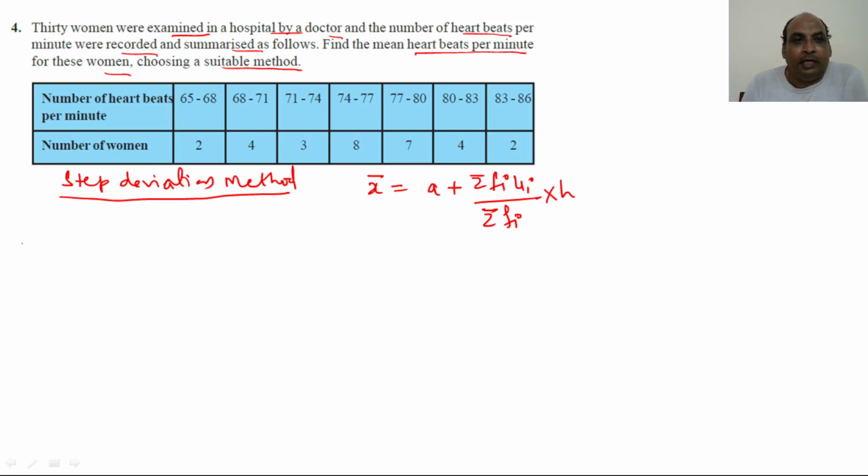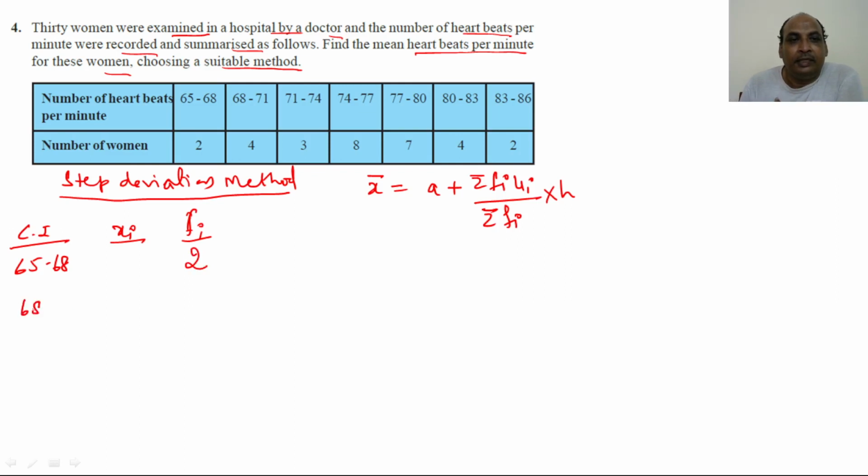Now, class interval is 65 to 68. Frequency Fi here you write, and xi here you write. So it is 2.